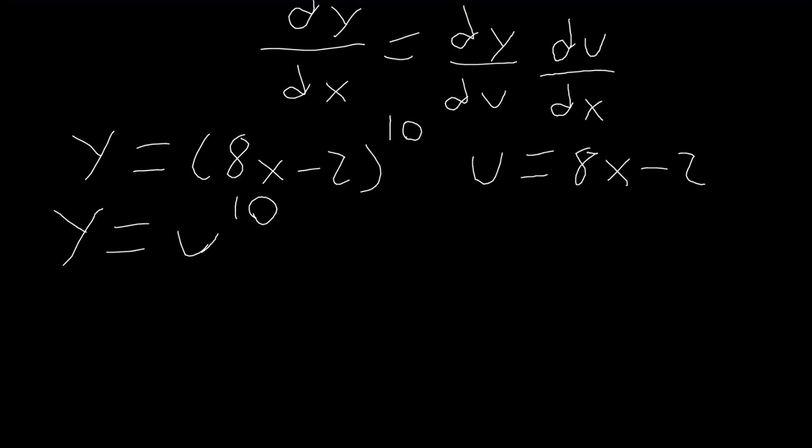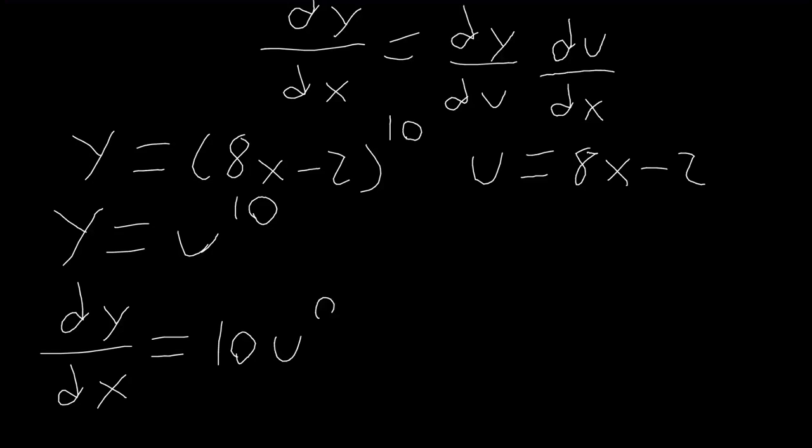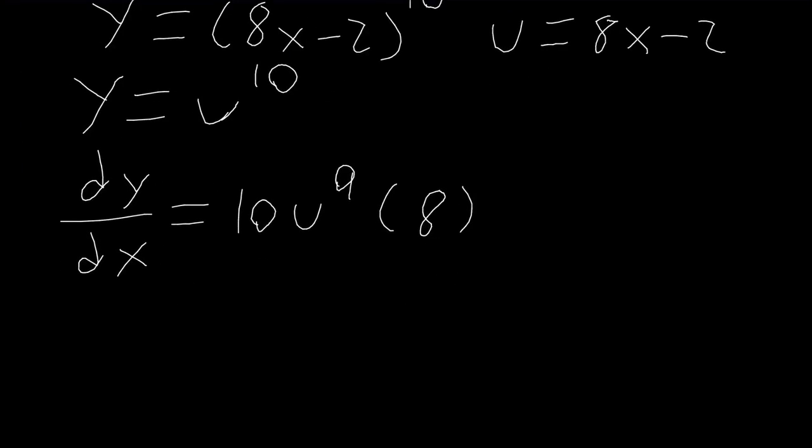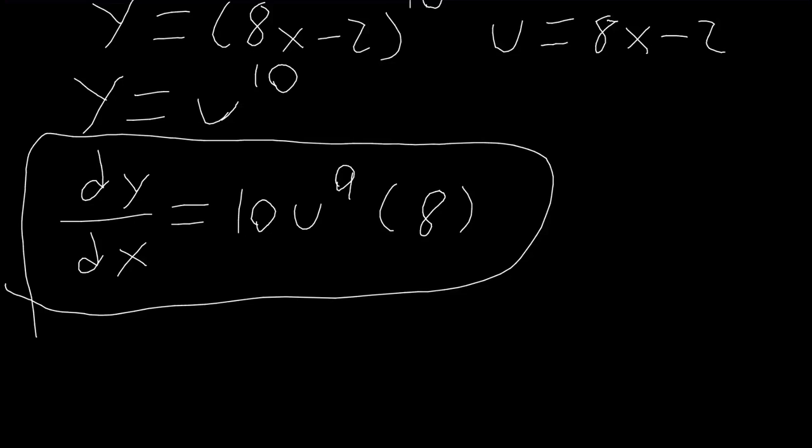Now all we have to do to find the derivative dy/dx is take the derivative of y with respect to u, so 10u to the 9th by the power rule, multiplied by du/dx, the derivative of u with respect to x, which is just 8 by the power rule. And this is going to be our answer. This is what the derivative equals. So that's all we have to do. You could combine these if you wanted, but there's no need.